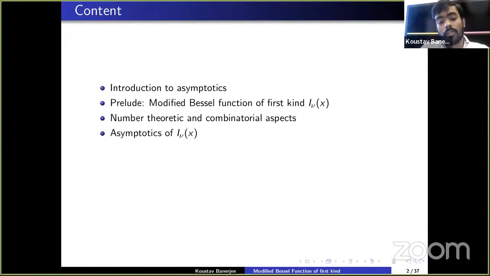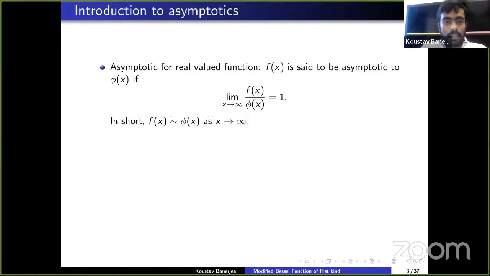Then I'll trace back to the asymptotics of I_nu(x), which is already known in the literature, but I'll still state it. Then I'll discuss the error term, starting from the asymptotics, and the estimation of the error term, which is entitled error estimation, and which finally leads to the inequalities. And at the end of the talk, I'll describe why these inequalities are important from the number theoretic and combinatorial perspective. So let's start with the asymptotics part.